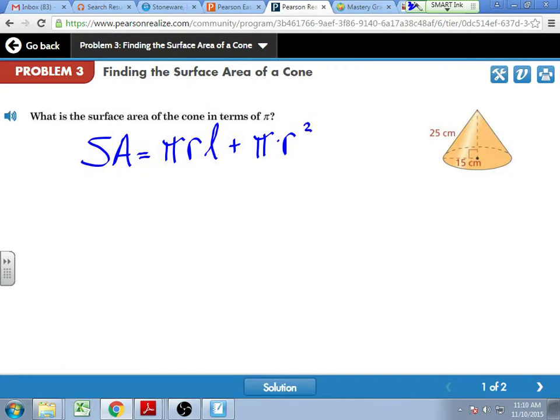Pi r squared obviously is your big B. My radius is 15. My slant height is 25. I'll combine it all together.